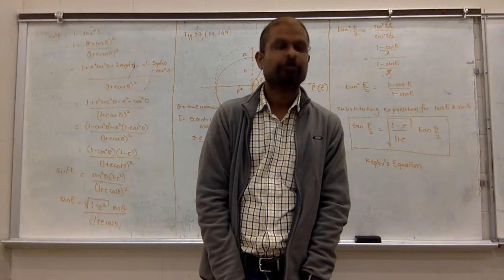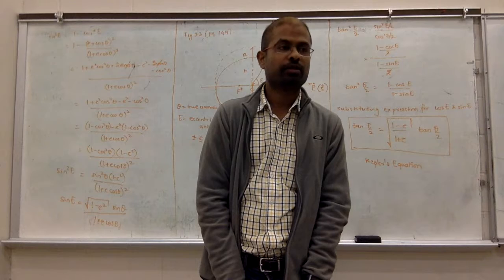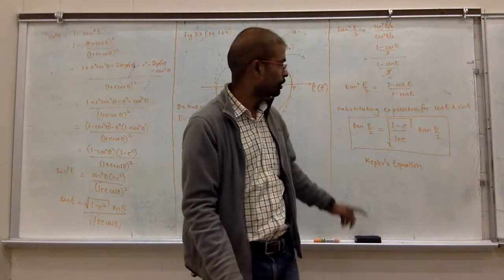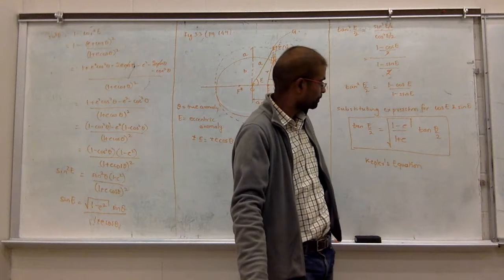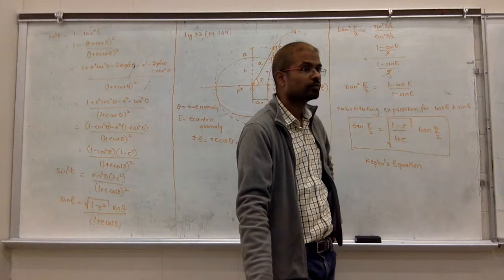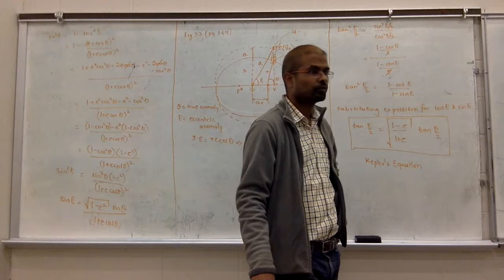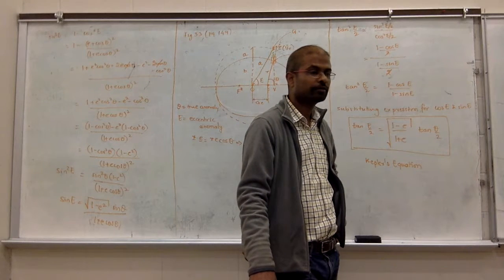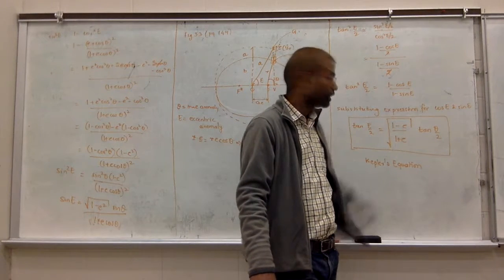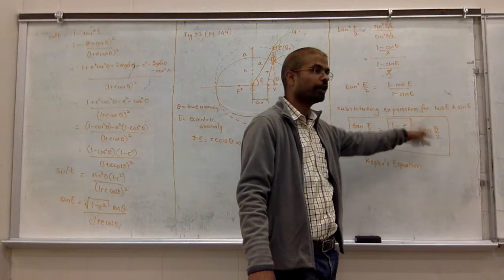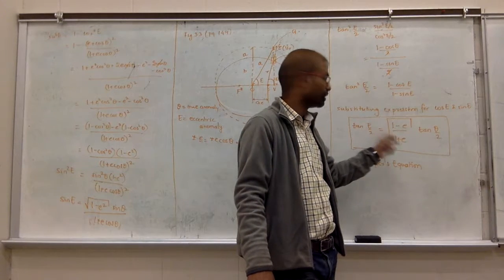To have E and theta in the same equation. Express E in terms of theta. So here, what are the variables? E and theta. Right? If theta varies, E varies.